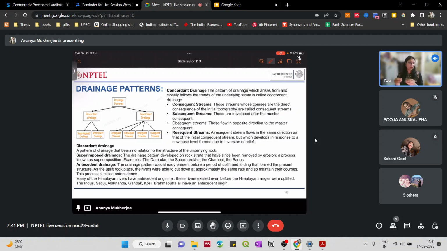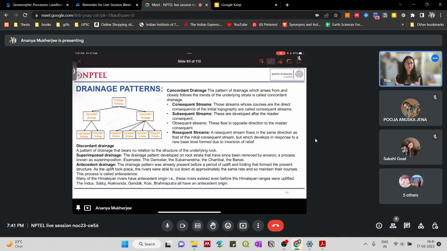What is discordant? Discordant means that the previous trend of the drainage pattern or the area is disturbed. Discordant means disturbed. It changes with respect to the disturbance, and it might not be relevant to the rock structure present there.